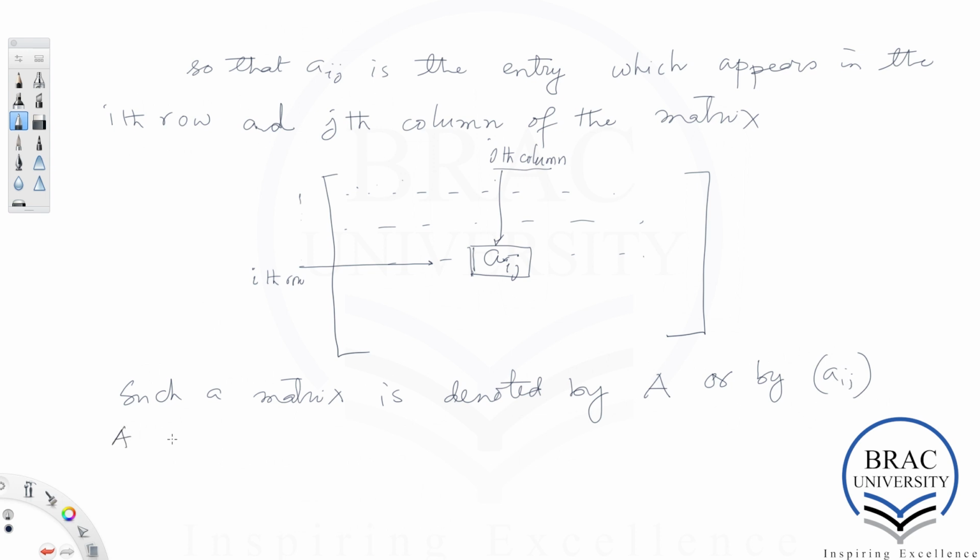A 1 times n matrix is called an n-dimensional row vector, because it consists of only one row, but in this matrix there are n columns.